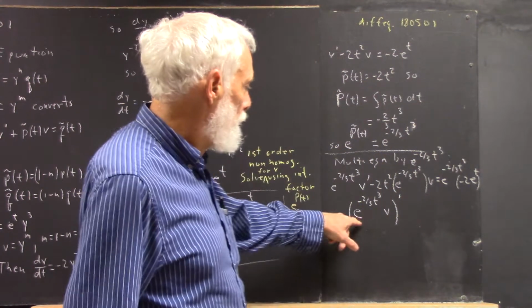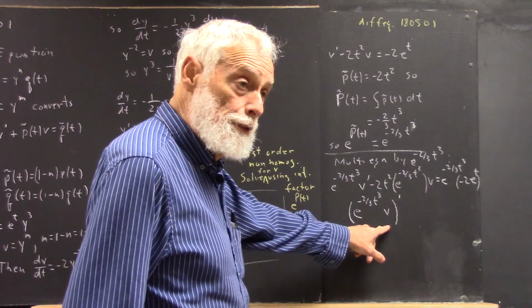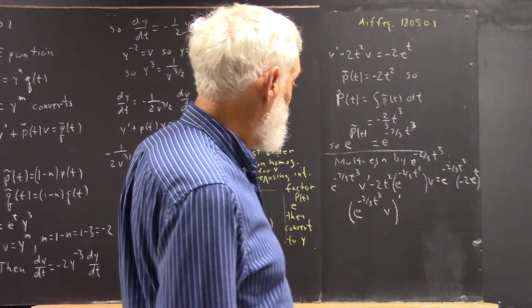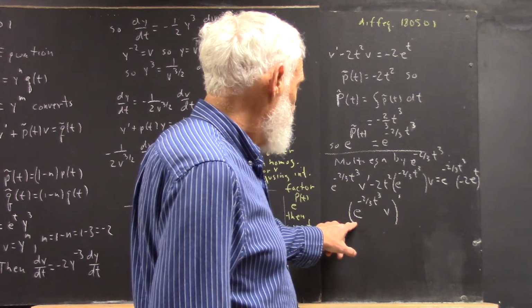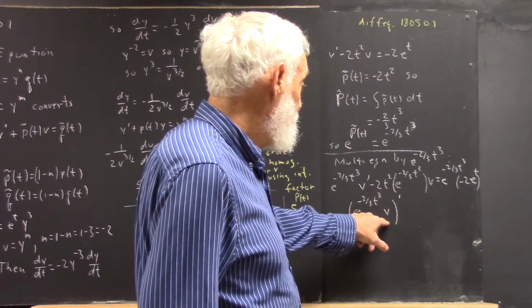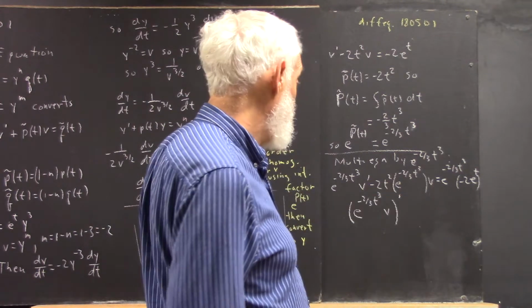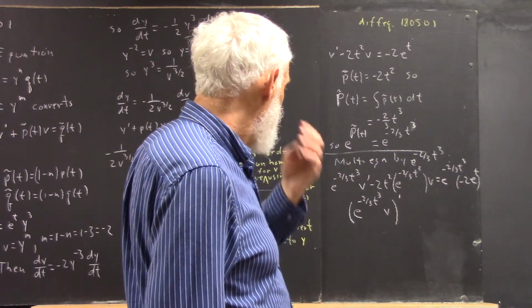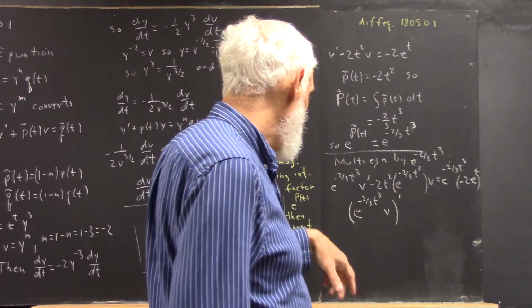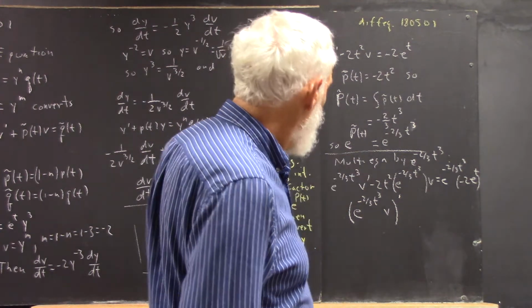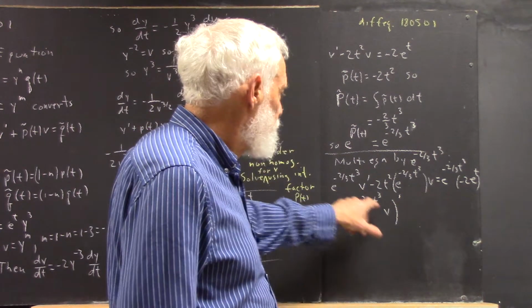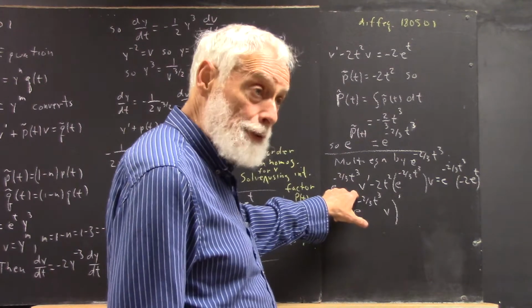Anyhow, the left-hand side, and you can check this out, is the derivative of the integrating factor times v. Because if you take the derivative, you're going to get the derivative of this times v. Well, that's what we have here. Actually, it isn't, but we'll figure out why in a minute. No, it is. And then this times the derivative of v, which is this.